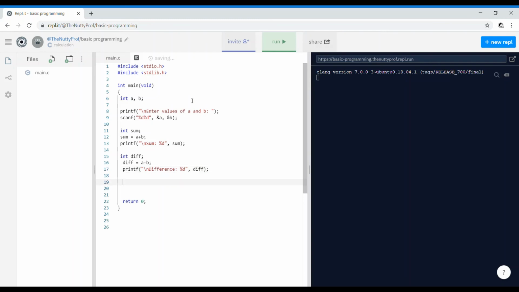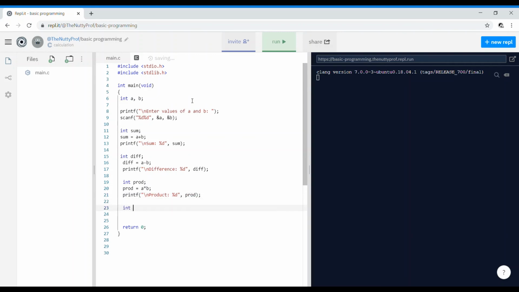Okay. Next, I'll declare int prod. So prod is equal to a asterisk b, and printf("\nProduct is %d", prod).